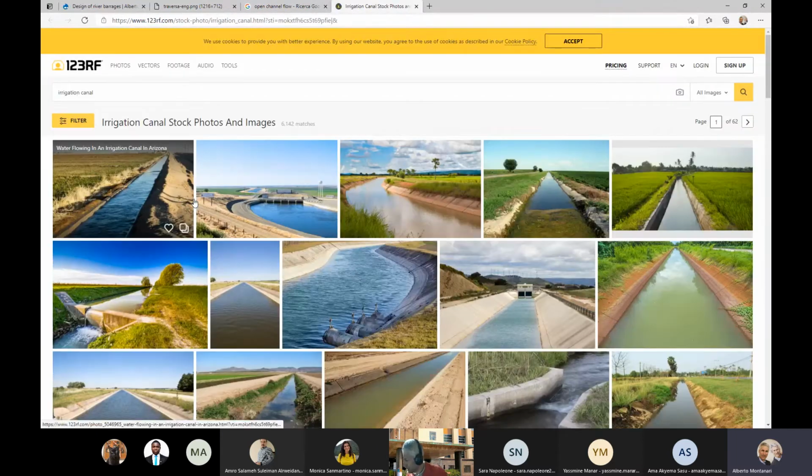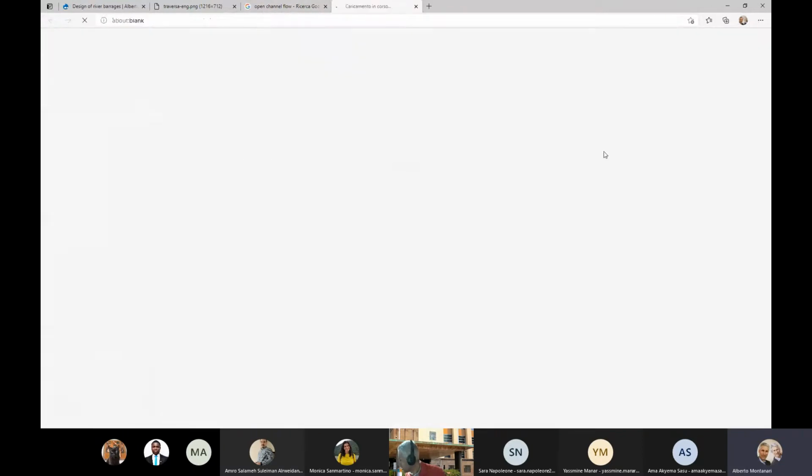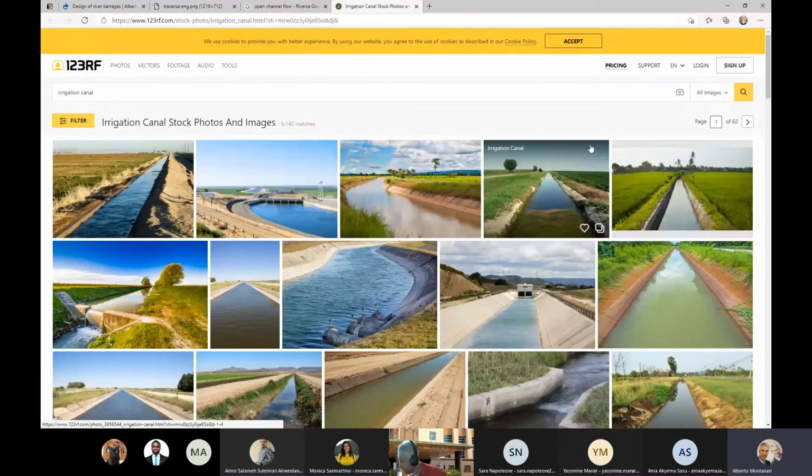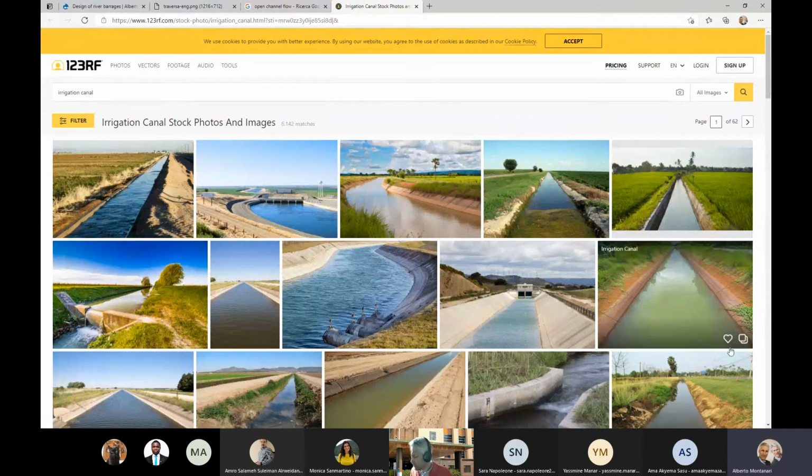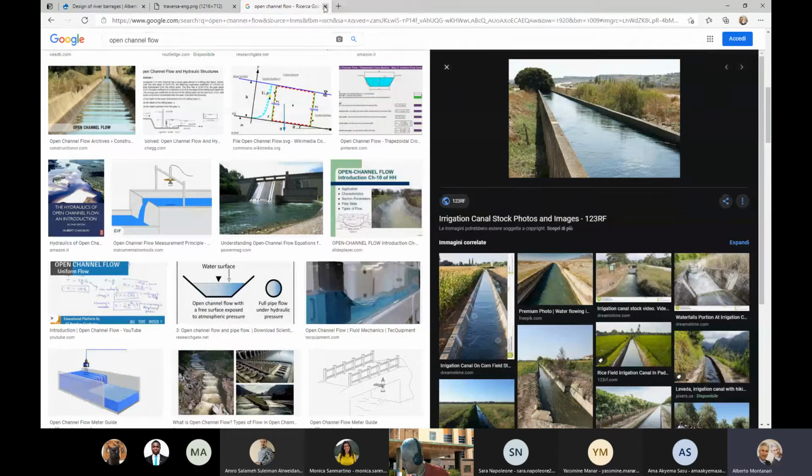It's another example. You see in this sequence of pictures several examples where the channel is paved. Okay, now let's look at pipe flow, but very quickly.